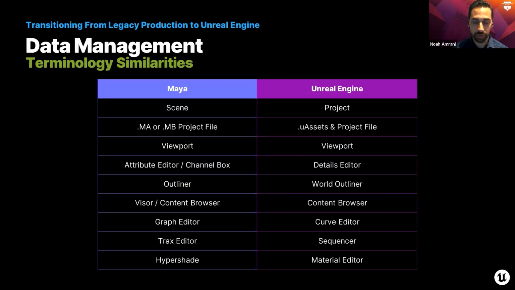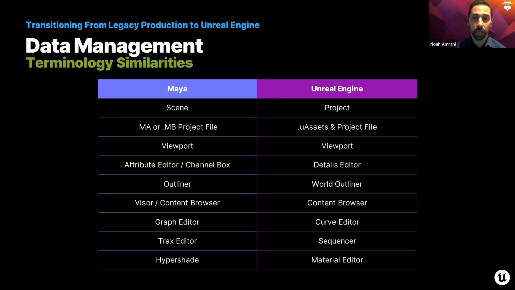So anytime you're dealing with a scene file that you're working within and saving your files in or out to, it's a scene file. But inside of Unreal, we call that a project file.